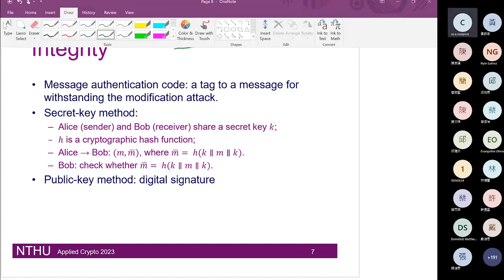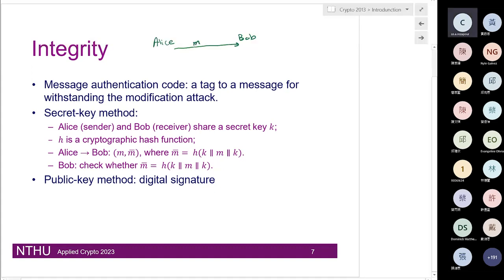If we don't protect this communication, nothing would stop Eve from dropping this message and replacing it with M prime, and sending M prime to Bob rather than message M. This would be an example where we are not concerned with Eve being able to see the content of the message.